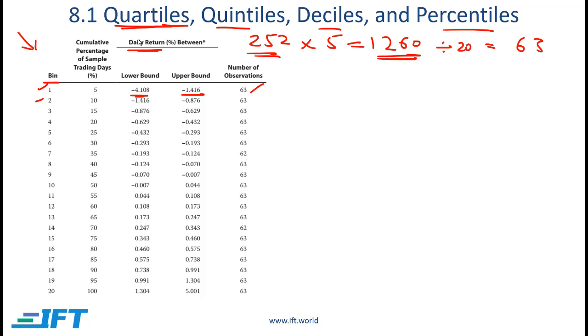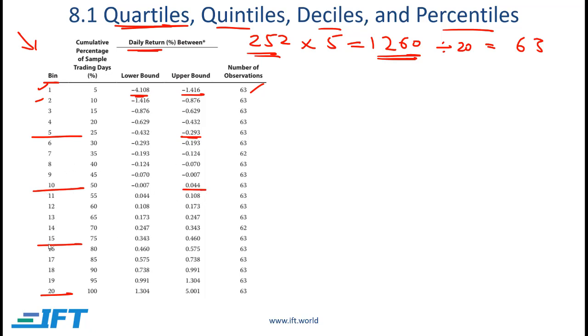So remember, quartiles means that we break our data or split our data into quarters. If we have 20 bins, then quartiles would mean going up to bin 5, then bin 10, then bin 15 and bin 20. So the first quartile number would be this one over here, minus 0.293. The second quartile number would be this.